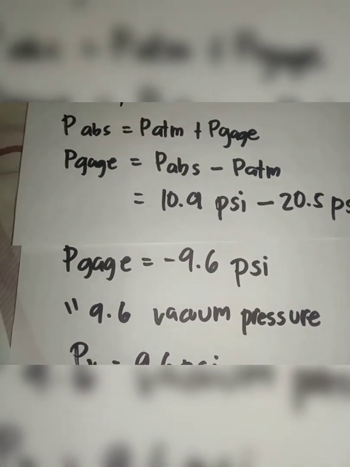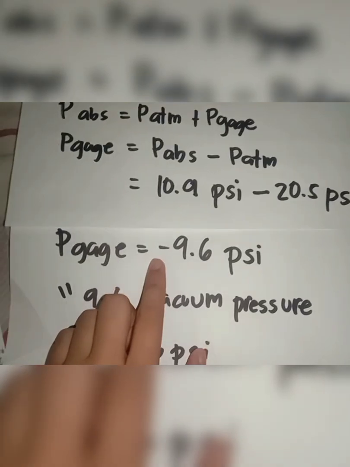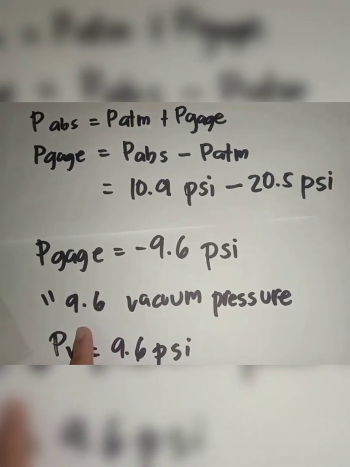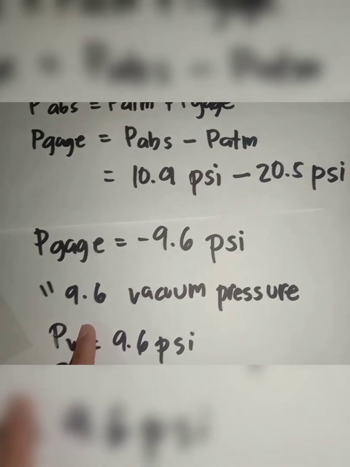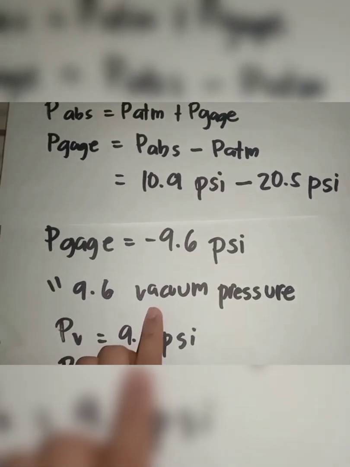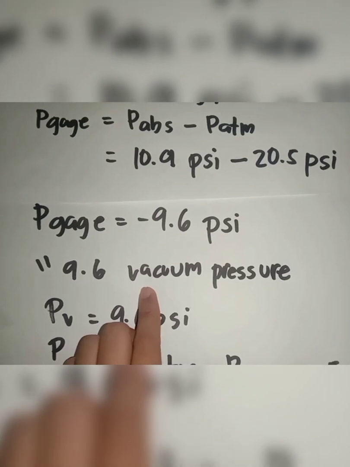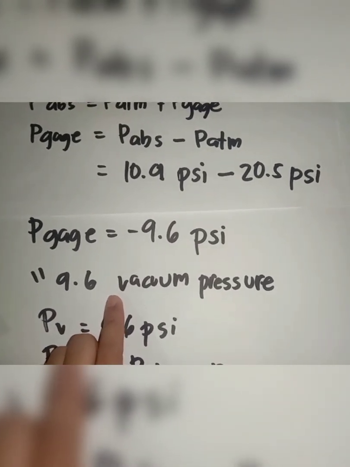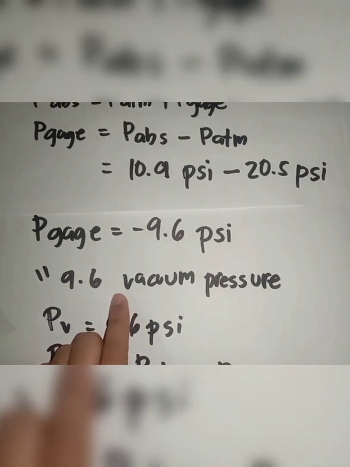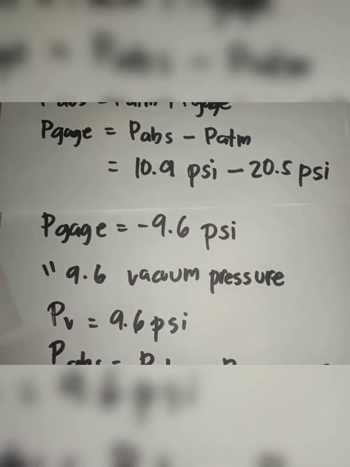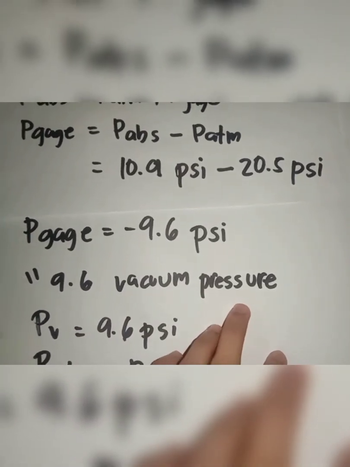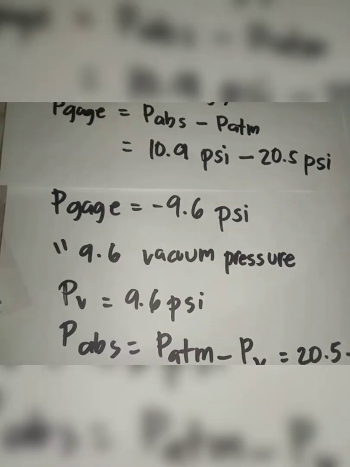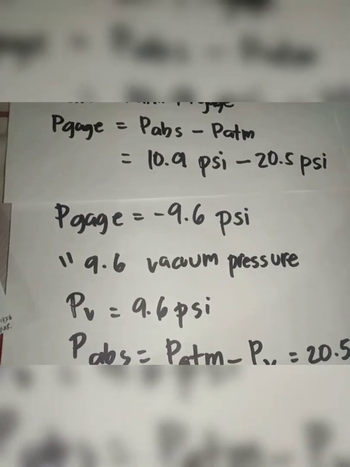So this is a pressure that is negative, so we also call that a vacuum pressure. So we can say that it is 9.6 psi vacuum pressure.